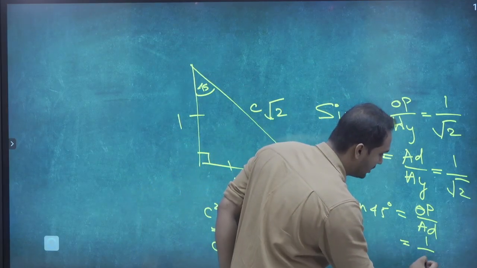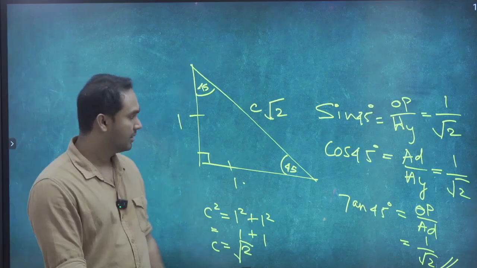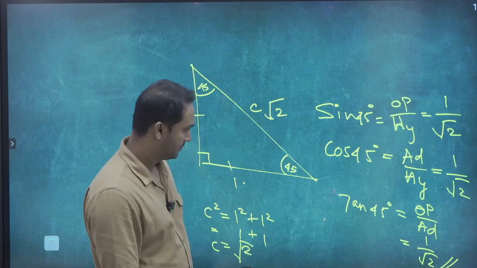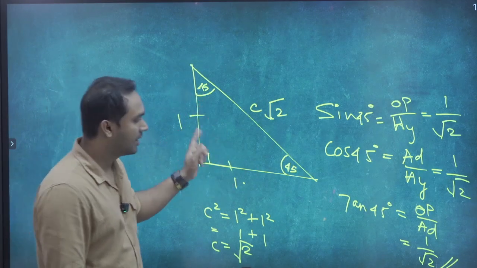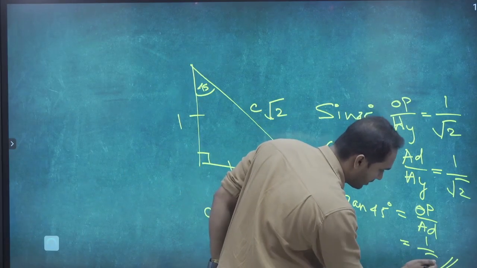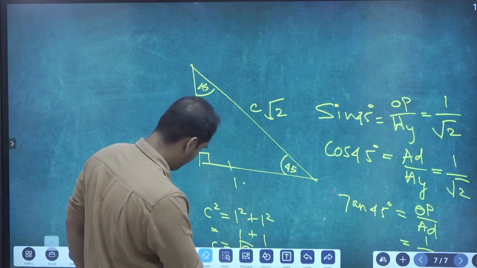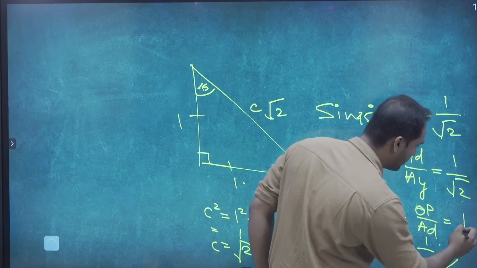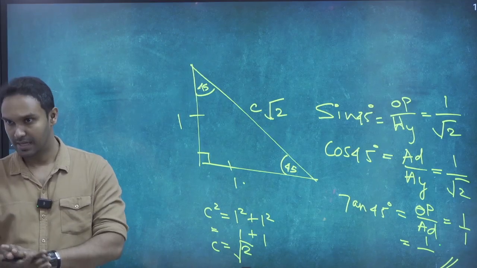And the adjacent is also 1. Sorry, it's all 2 or 1. So it's 1 over 1, which is equal to the final answer 1.